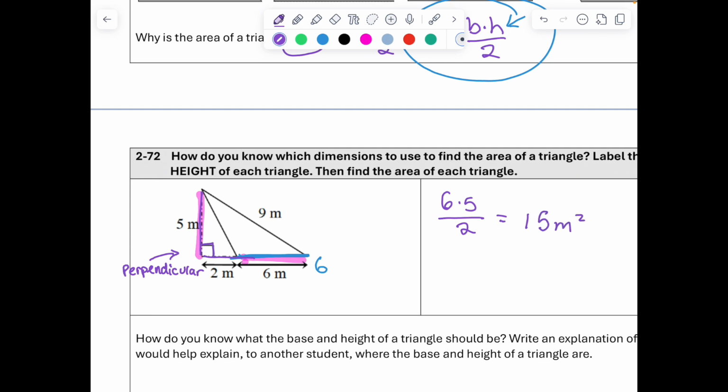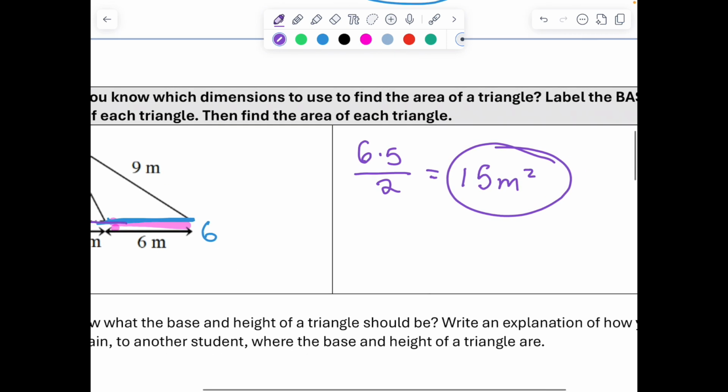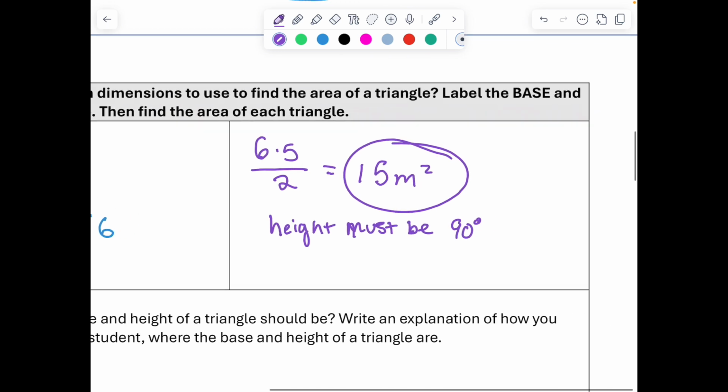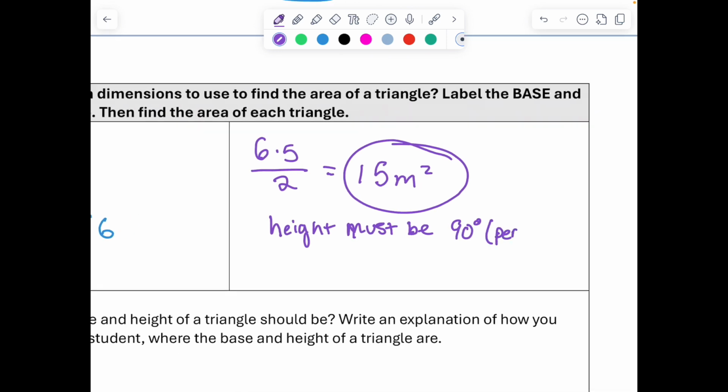So this is an area of 15 meters squared. So I'm going to write this down. The height must be 90 degrees or perpendicular to the base.